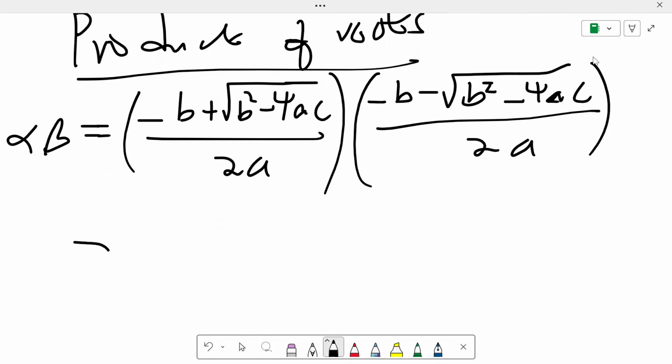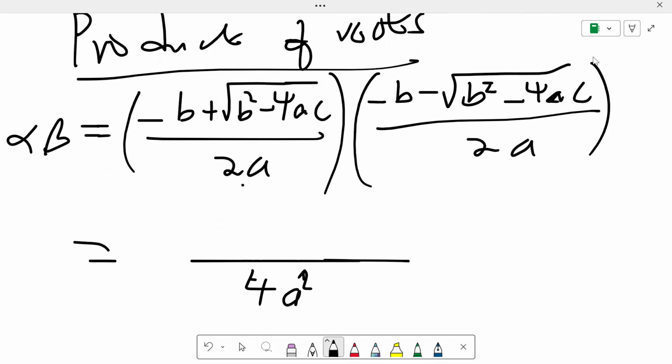Right. Now, we have 2a here, we have 2a there. So at the denominator, we shall get 4a squared. 2 times 2 is 4, a times a is a squared. Now, negative b plus square root of b squared minus 4ac, times negative b minus square root of b squared minus 4ac. Now, I've seen that this is a difference of two squares straight away.